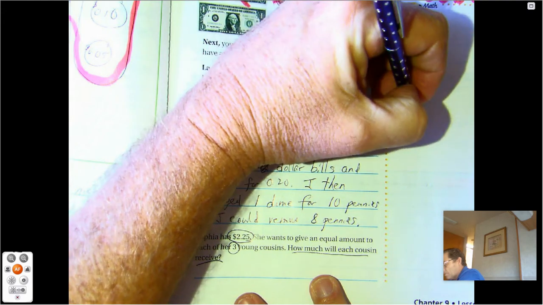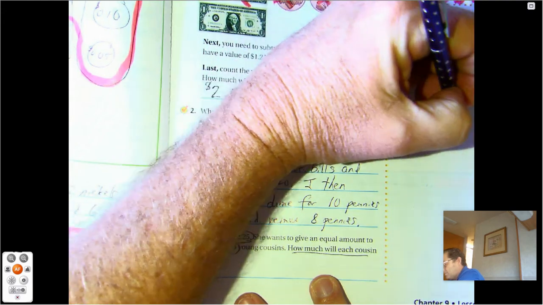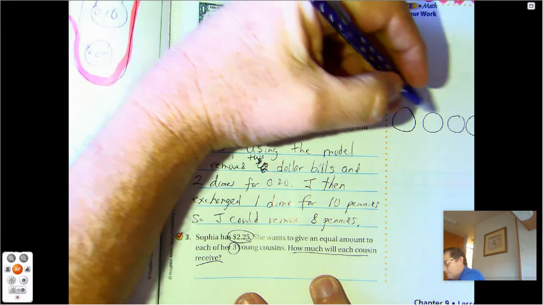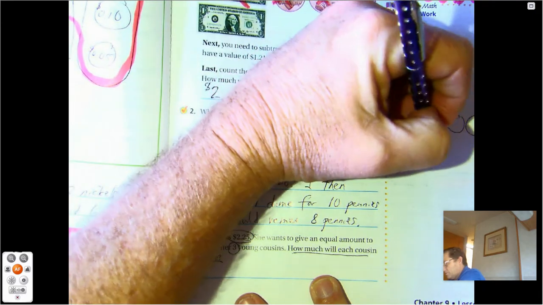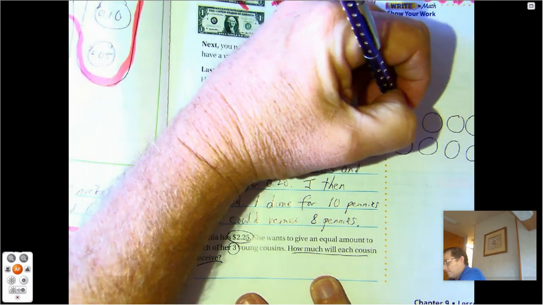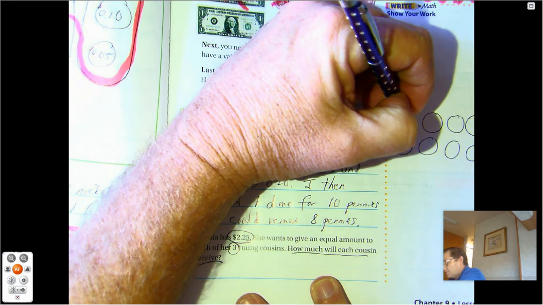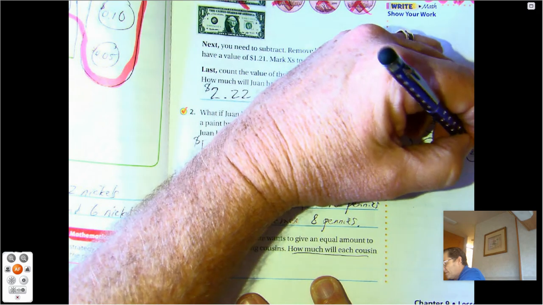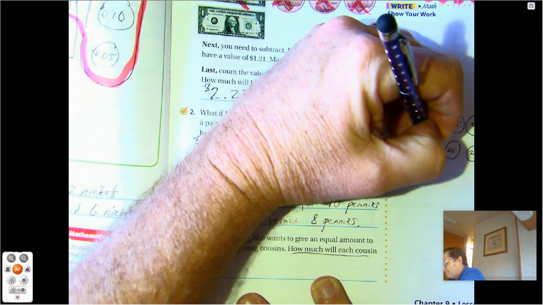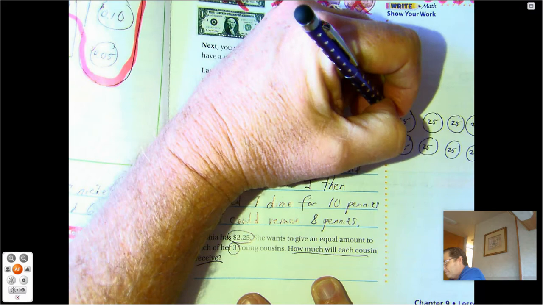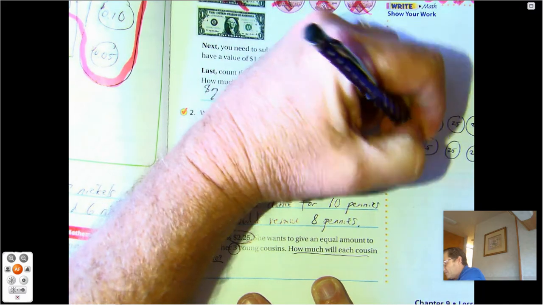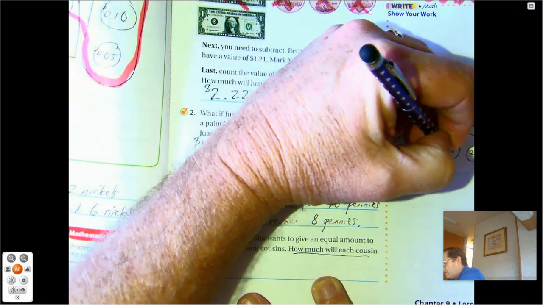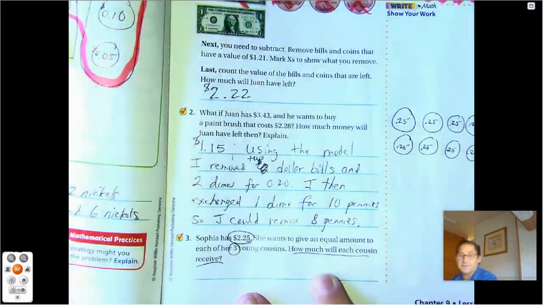So 1, 2, 3, 4. 1, 2, 3, 4. So I'm just going to write the number 25 in these to represent my quarters. Make those 0.25 because it's not $25, it's 25 cents.